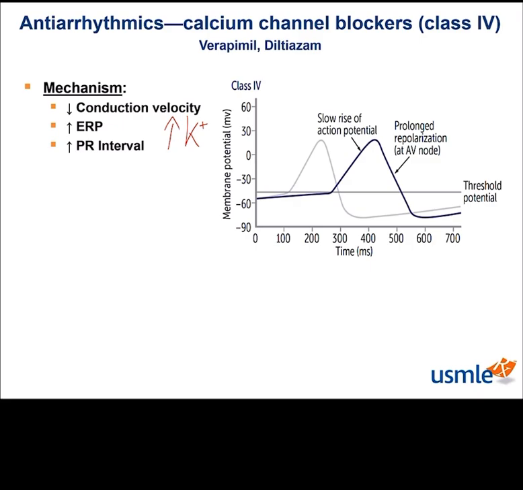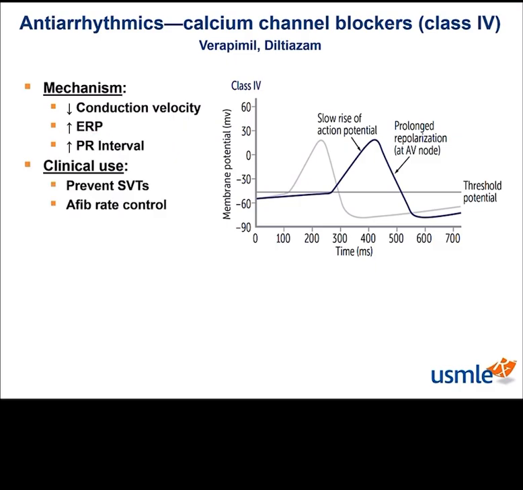Therefore, we lengthen repolarization. This prolongation of repolarization also has an effect on the number of available calcium channels for the next depolarization. We increase our effective refractory period because we only have some calcium channels available for a local impulse, and we need to wait longer to create a full action potential that will propagate.